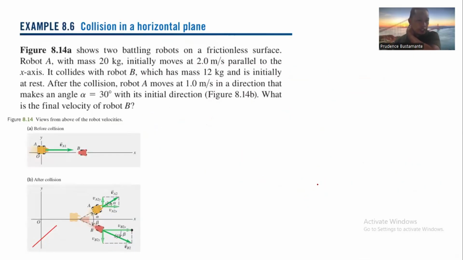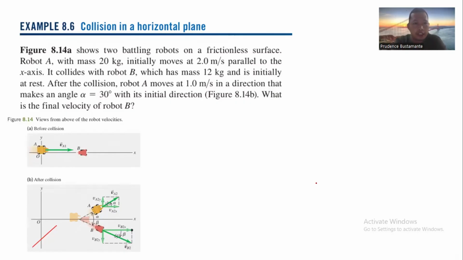Okay, so here we have an example of two-dimensional collisions. We will not be able to know if this is an elastic or inelastic collision unless we calculate the final and initial kinetic energies. But here, let's just answer what is asked. Example 8.14 shows two battling robots on a frictionless surface.